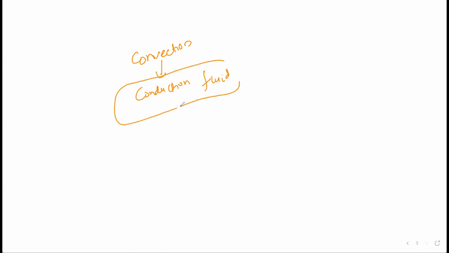Then comes the second mode of transfer of thermal energy, which is convection. We discuss convection because when we applied the phenomenon of conduction to fluids, we saw that it's not the efficient mode of transfer of energy.